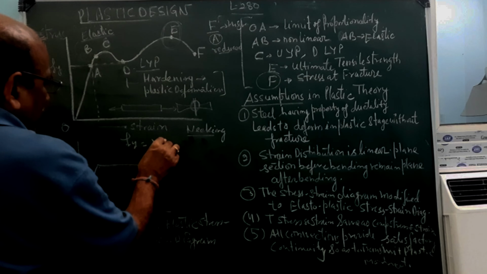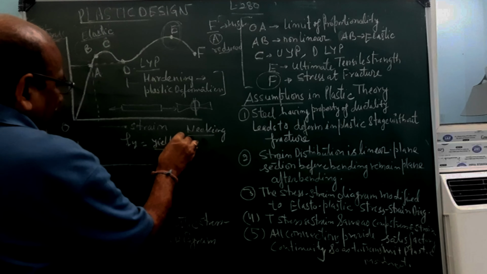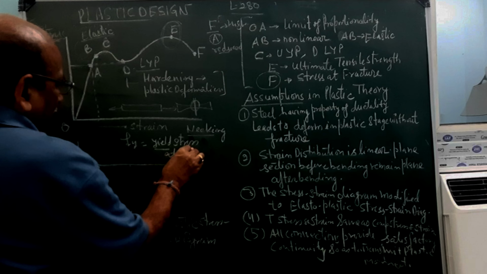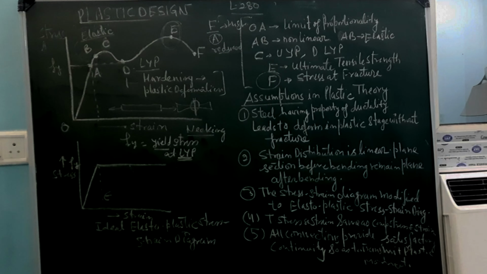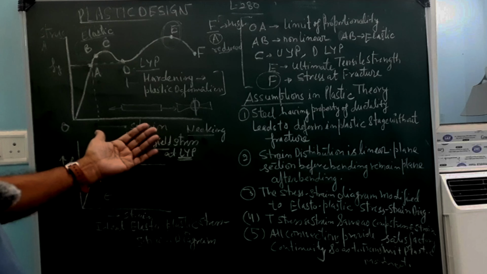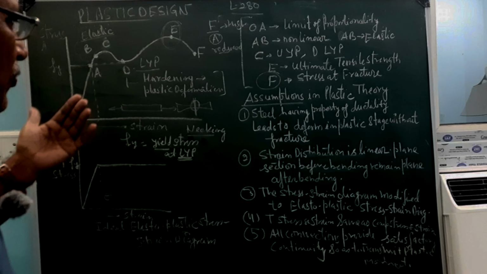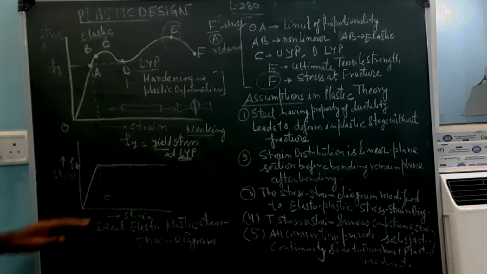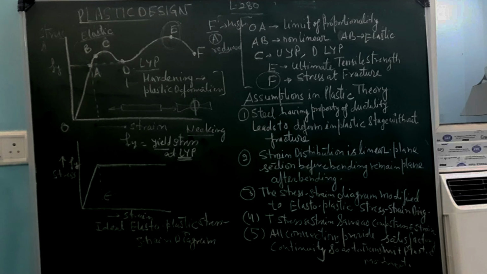Yield stress is taken at the lower yield point. If you divide by some factor of safety, you will find the working stress or allowable stress. So allowable stress is nothing but the lower yield stress divided by some factor of safety.